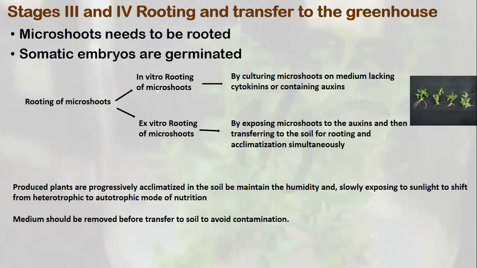This step is as important as anything else. I will just give you one calculation here that will highlight the importance of this step of rooting. So what is the importance of rooting? I will just explain it to you.